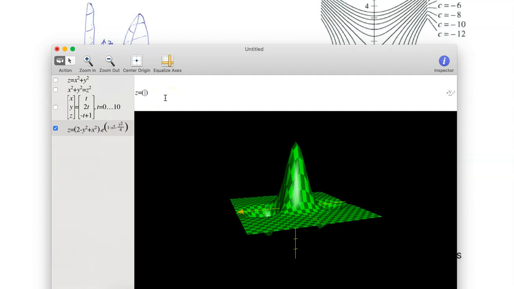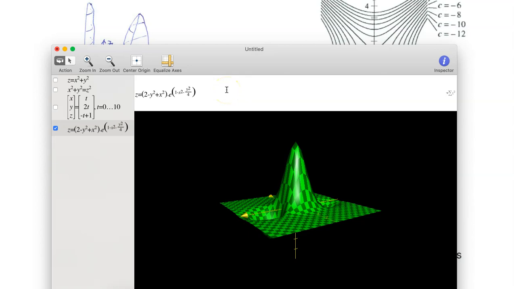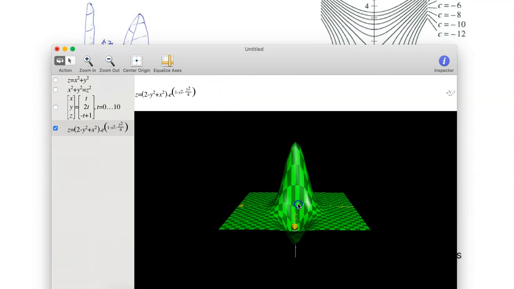So it's z equals 2 minus y squared plus x squared times e to the power of, and we want to open parentheses here, 1 minus x squared minus, oops, I think that was at the exponent, minus y squared over 4. So that is the function you get here.